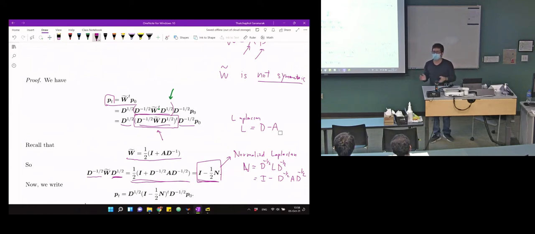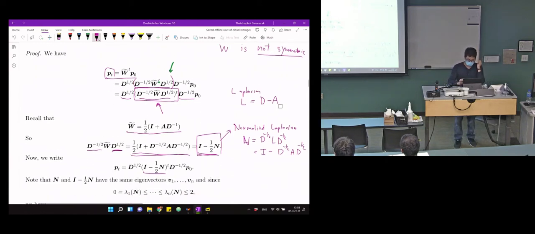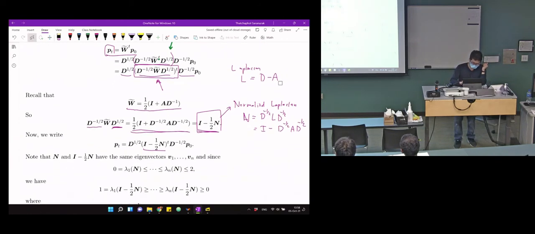That's why we want to work with the normalized Laplacian. And the thing here is just I minus 1/2 N. So now we understand it a bit more.